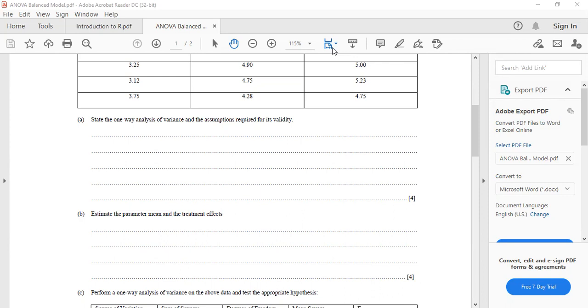So my y bar 3 dot is 4.996. Then I subtract my grand mean, which is y bar dot dot, 4.3533. Then I got 0.643. Are we still together? Yes, thank you so much, Kevin. We are done with the tau i's.